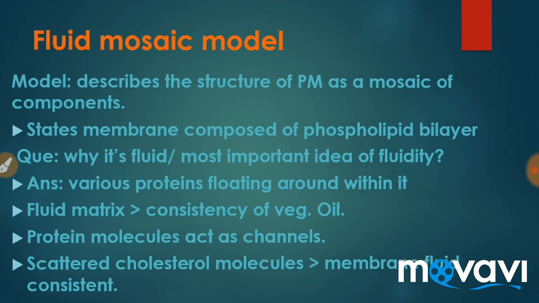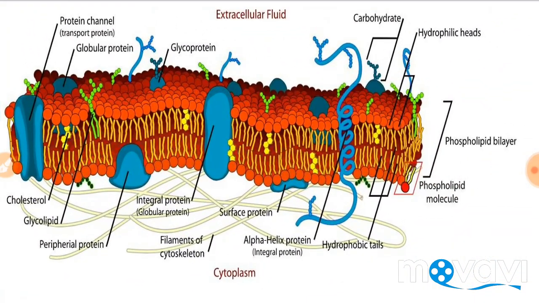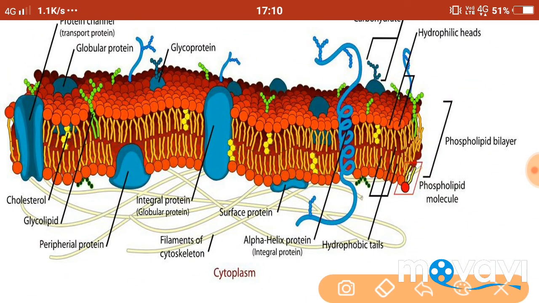Let's talk about it in the figure. What do we have here? See this red color, and the one below. These constitute the lipid bilayer. They are composed of lipids, more precisely phospholipids, the lipids which are attached to phosphate groups.